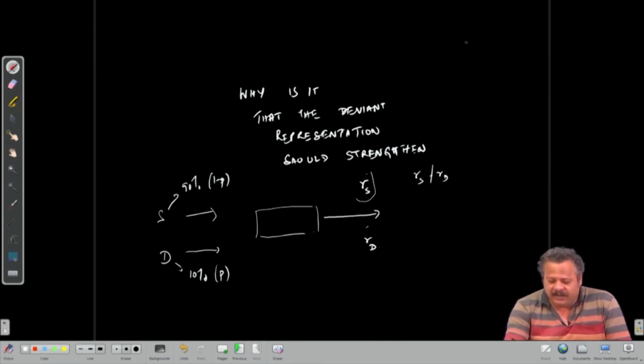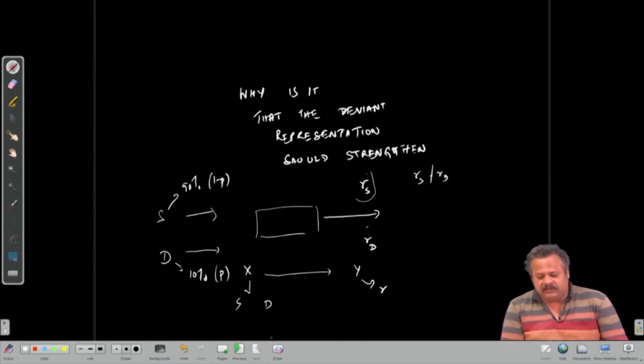So, in the same way, from the input, if this is x, to the output this is y, which takes on values of r, Rs and Rd. There are two kinds of mean responses to the two stimuli, and x is the input with the two stimuli s and d with probabilities as given, 1 minus p and p.